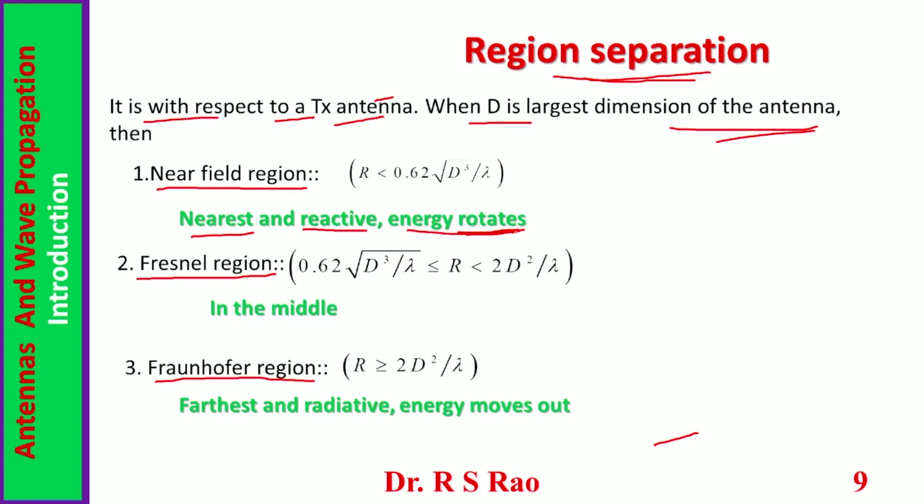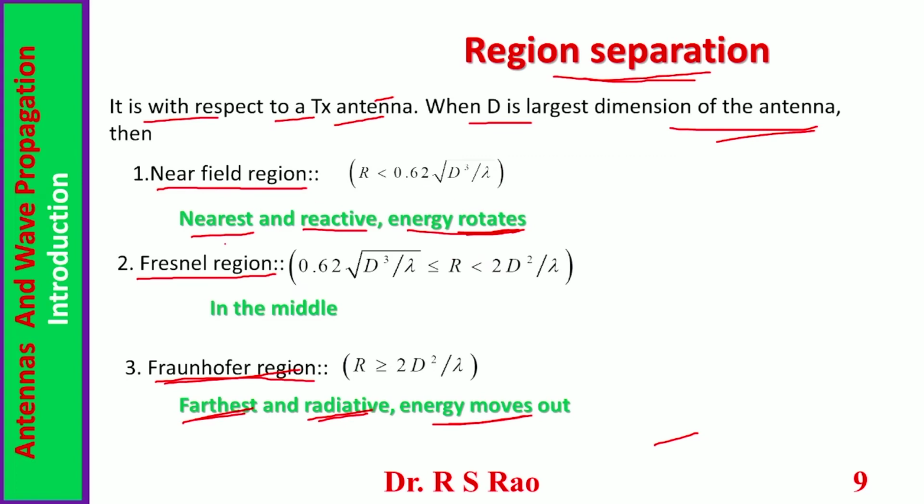It is rotation, not going away. Fraunhofer region is farthest and it is radiative. First one is reactive, last one is radiative. In this region, energy movement takes place. Energy goes away. It is called radiation. In the first region, it is simply rotation, no going away.